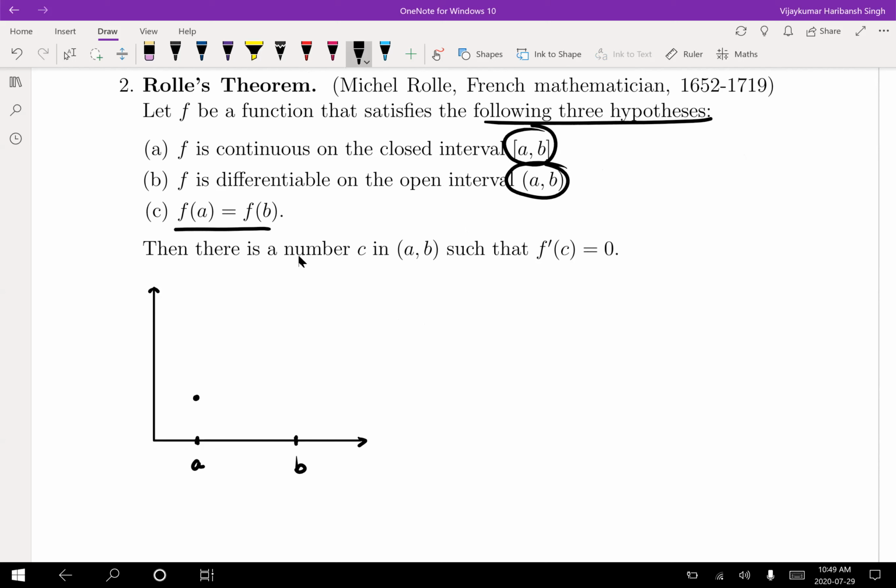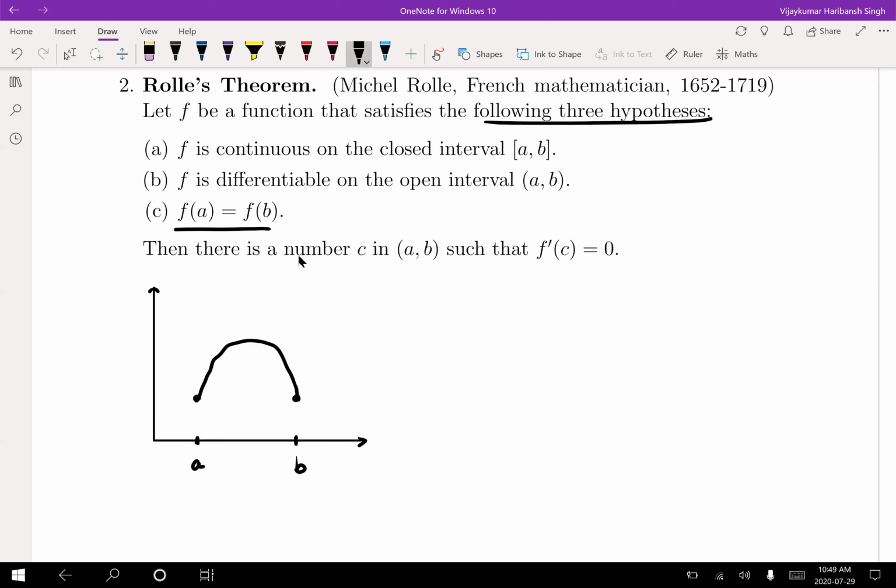So I have f(a) and f(b). They must be equal. Let me draw a function. Yeah, this is one example of a function. Not every function which is continuous on the closed interval [a, b] and differentiable on the open interval (a, b) will look like this, but this is an example of one of them.